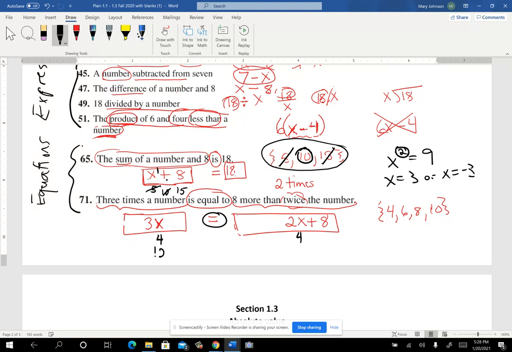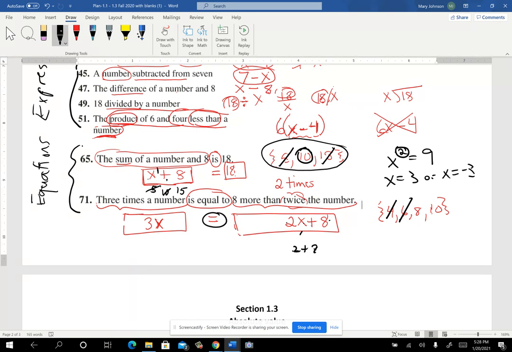So this would be 12, but over here that would be 8 plus 8, which is 16. Sorry, so 4 doesn't work. If you tried 6, on both sides, that would be 18, and that would be 12 plus 8, which would be 20. So that doesn't work.